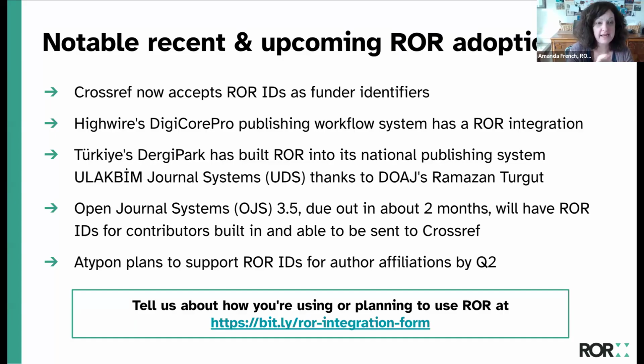What we've heard is that many publishers using Adapon, a platform that is used by many publishers, are using ROR IDs, but they're not getting through to Crossref metadata because Adapon has not yet upgraded to the Crossref schema that supports ROR. So that is happening quite soon, and I expect that to be a very large uptick in ROR IDs in Crossref metadata once that happens. So very excited about that.